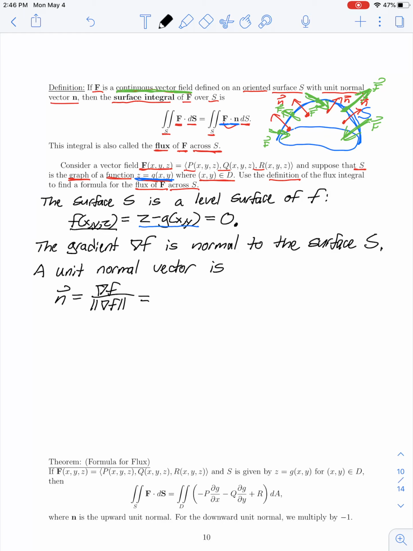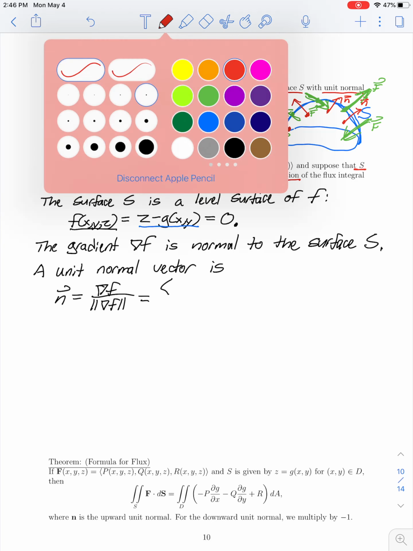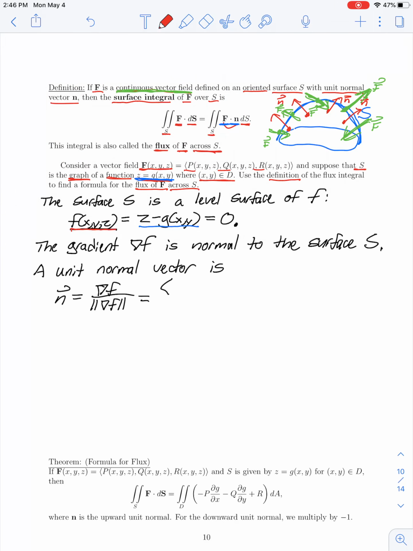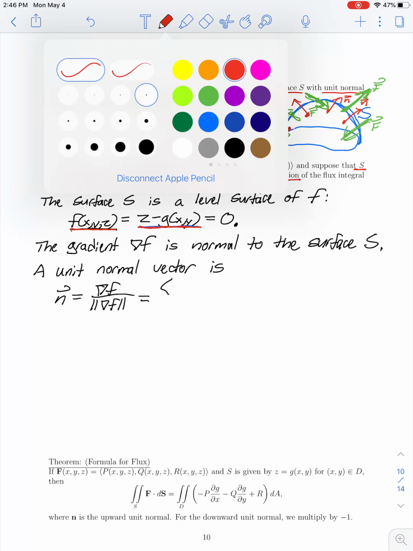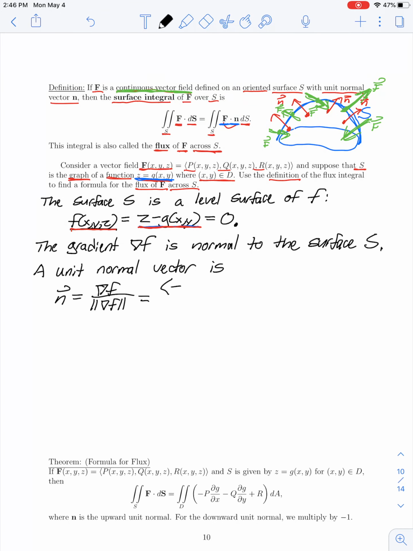So let's see what we have here. For our numerator, we're taking the gradient of f, and the first component of the gradient vector is going to be the partial derivative of this function f, which was z minus g of x, y, differentiated with respect to x. So the partial derivative with respect to x gives us negative the partial derivative of this function g with respect to x. Our second component is the partial derivative of f with respect to y, which would give us the negative of the partial derivative of g with respect to y.